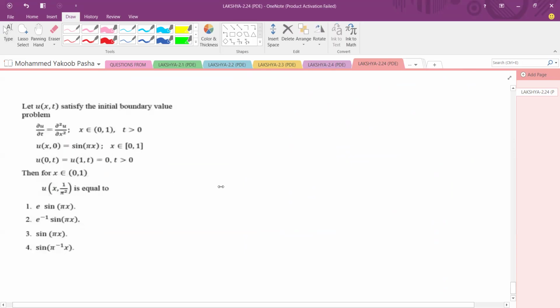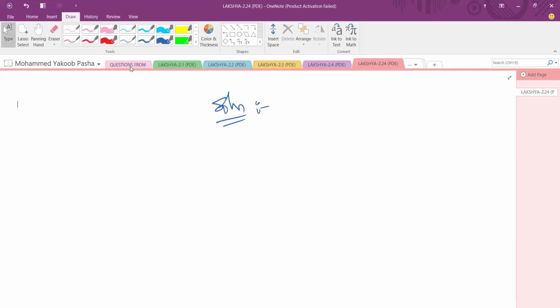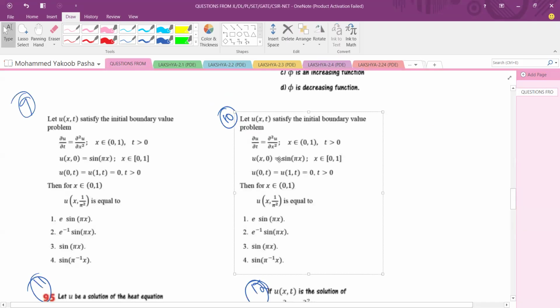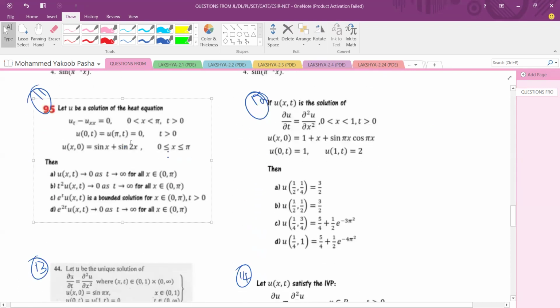The problem is u of x comma t satisfies the initial boundary value problem dou u by dou t is equal to the same problem. So this is covered. Yes, it is repeated.